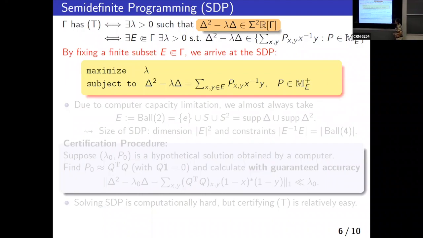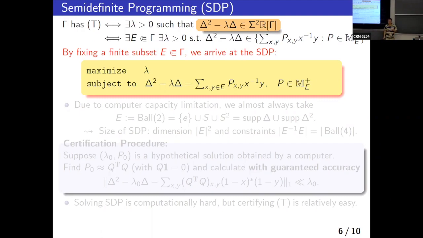So SDP is a generalization of linear programming. In linear programming you have only linear equations and linear inequalities. But here we are allowed a positive semi-definite matrix. That's semi-definite programming.